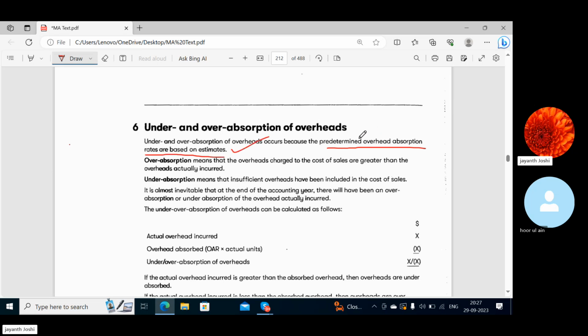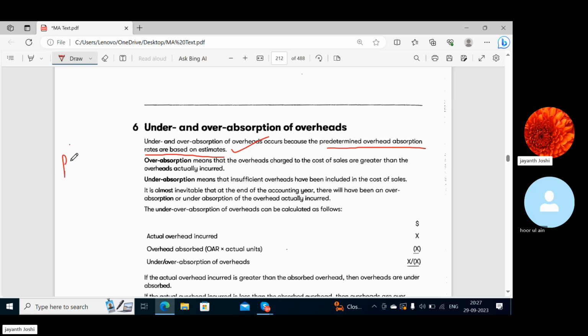So whatever the overheads you are finding out, if I tell you predetermined overhead absorption rate, what do you mean by predetermined overhead absorption rate? Budgeted overheads divided by budgeted activity, right?